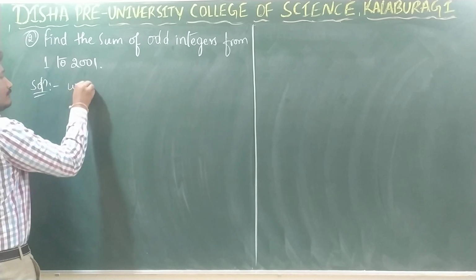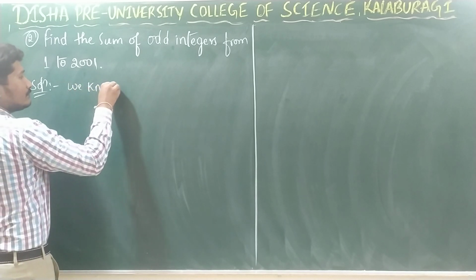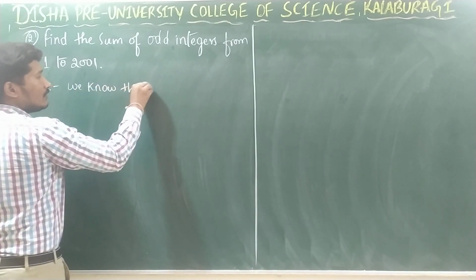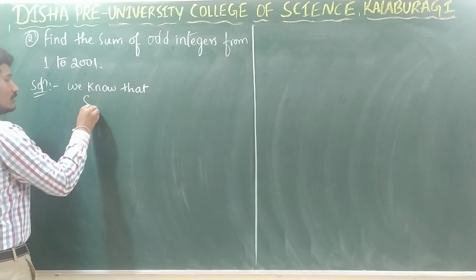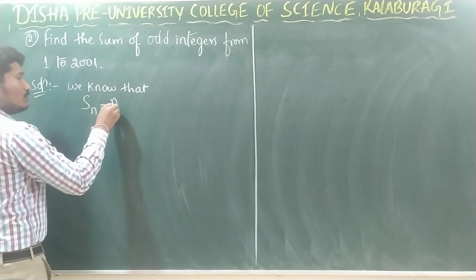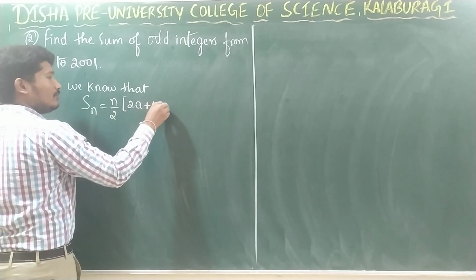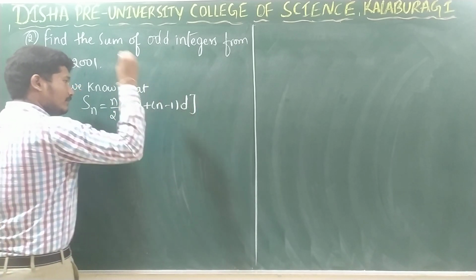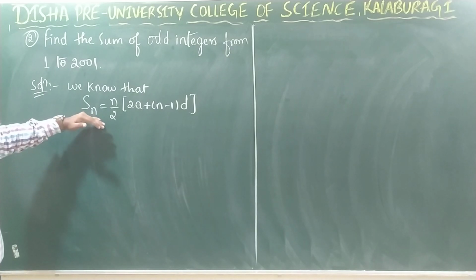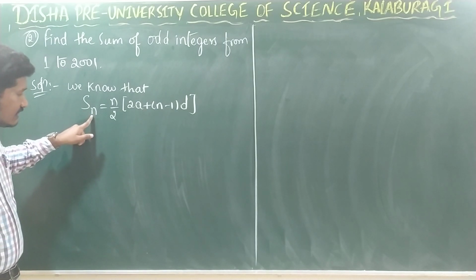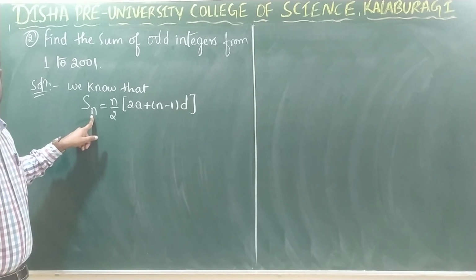We know that we use Sn is equal to n by 2 into (2a plus (n minus 1) into d). Right? We use this formula to calculate the sum of all n terms. Right?